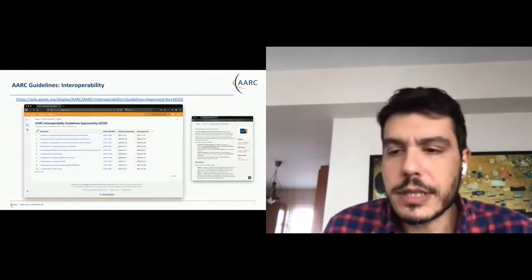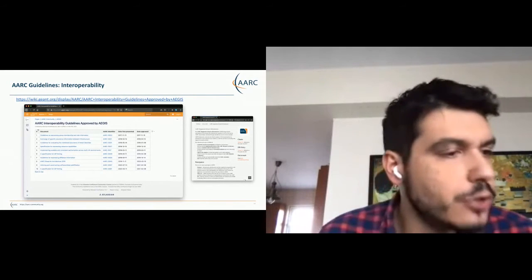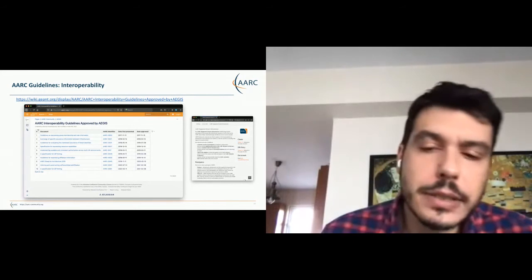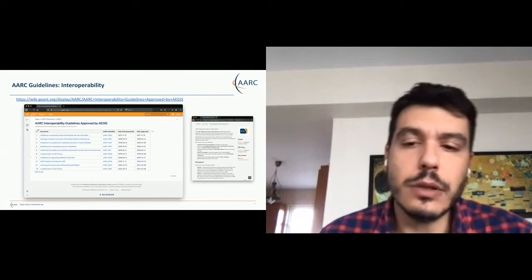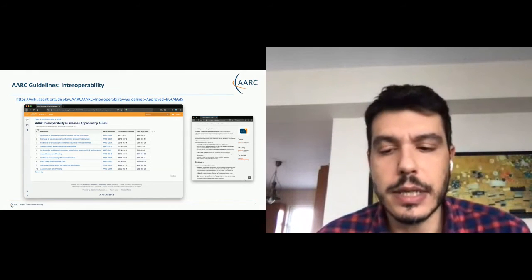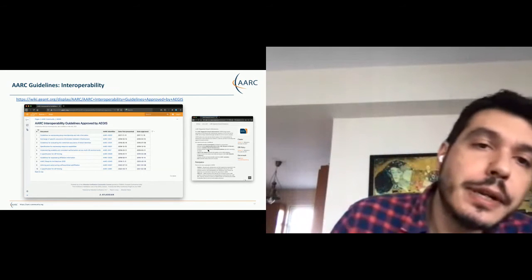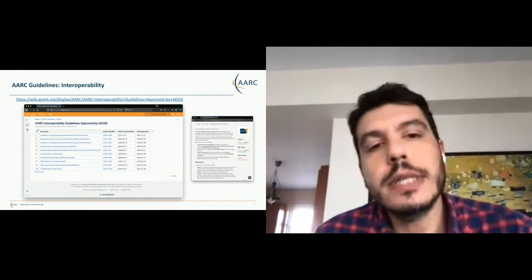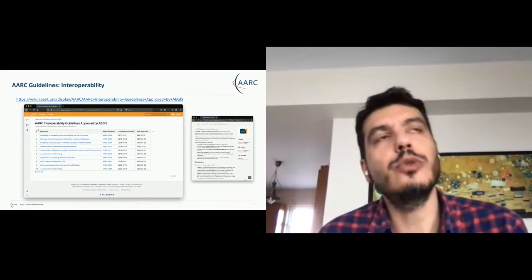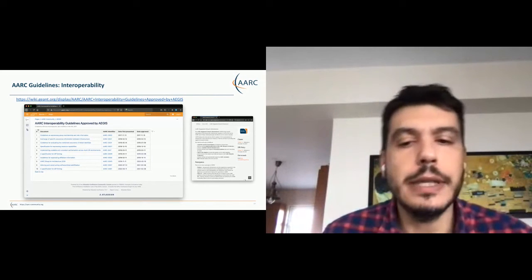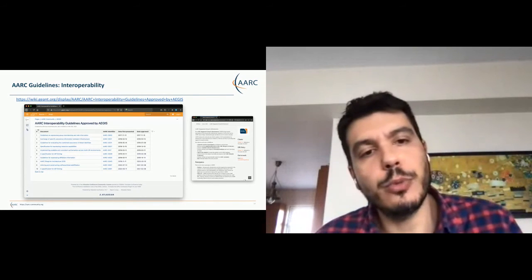Now, the number of guidelines that I just mentioned can be intimidating, but there is already a set of guidelines that is necessary for interoperability. So here in this list, and I've also included the link, you can see the list of guidelines that need to be adopted in order to enable interoperability between different proxies that follow the ARC blueprint architecture.